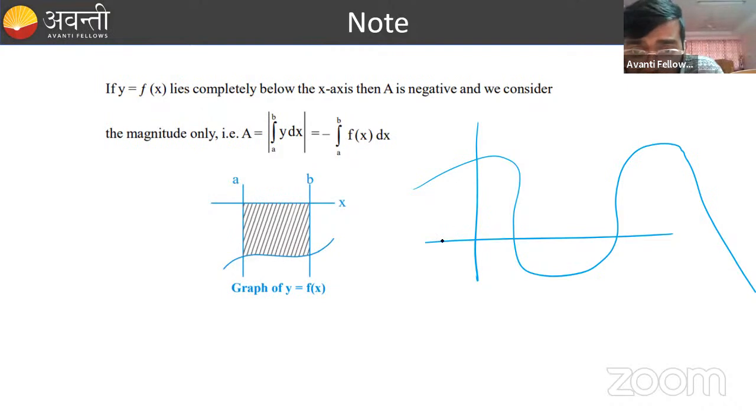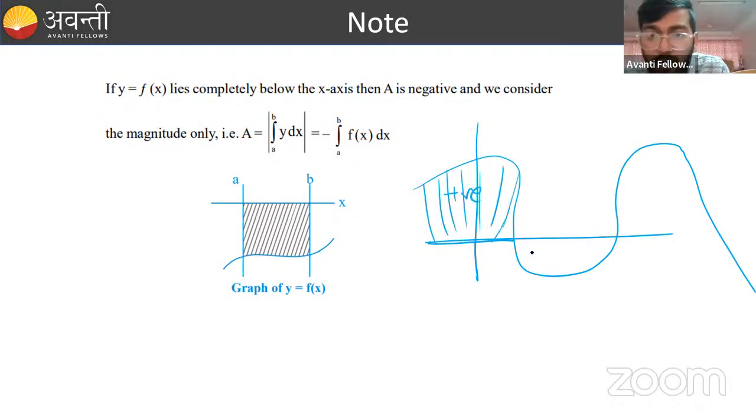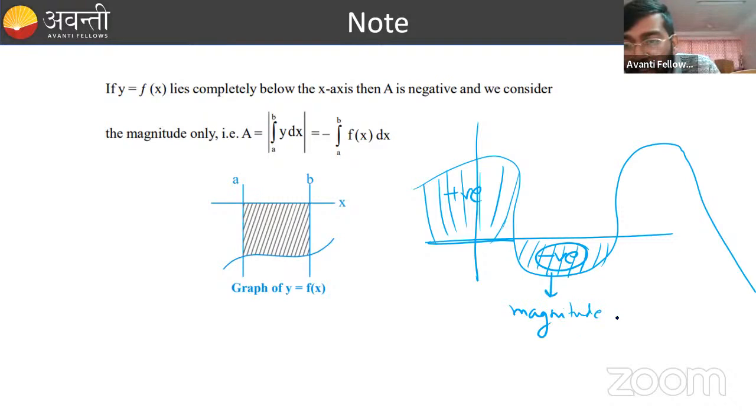See, whenever the graph is above the x-axis, you get area as a positive value. Whenever the graph is below the x-axis, the integration gives us a negative value. Okay. But the magnitude that the integration gives us is equal to area.